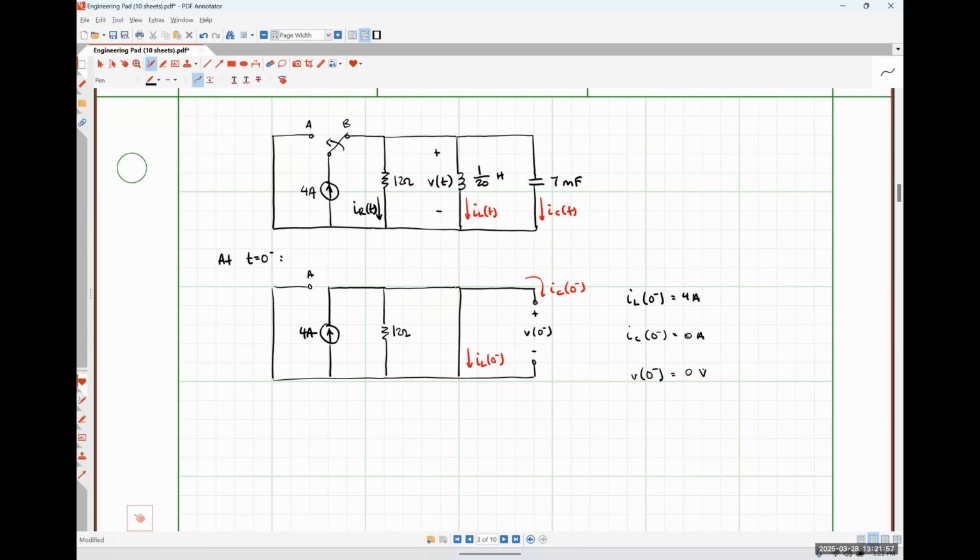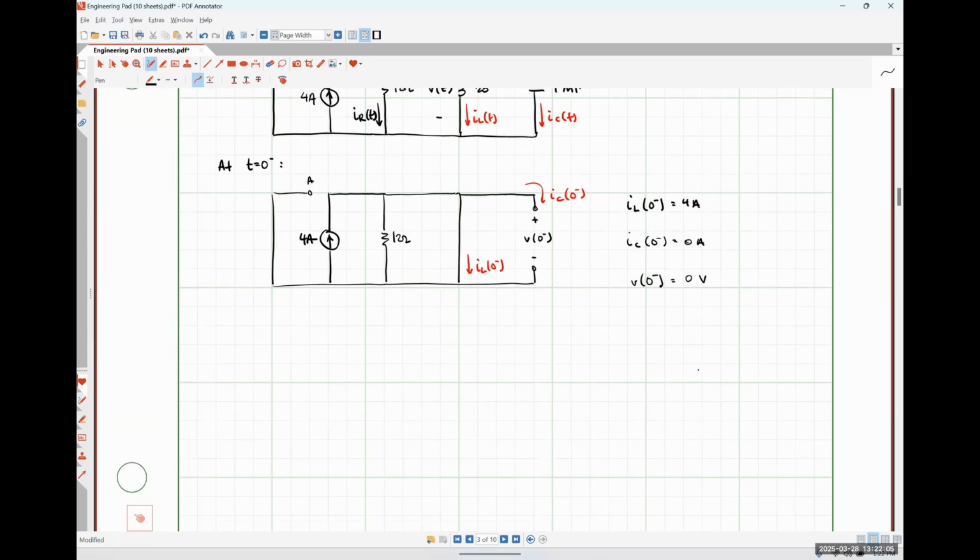All right, so how do we feel about our analysis at t equals 0 minus? Anybody have any questions, comments, or concerns? All right. Now we're going to analyze the system at t equals 0 plus. Okay.